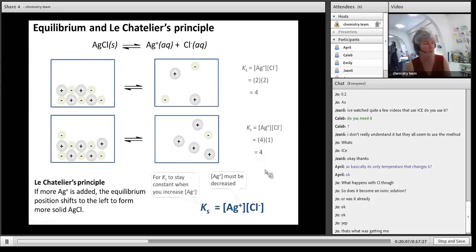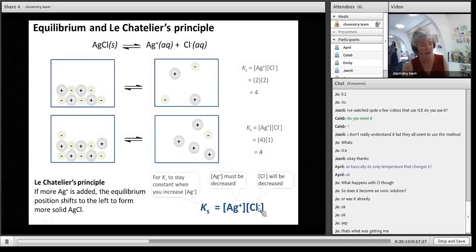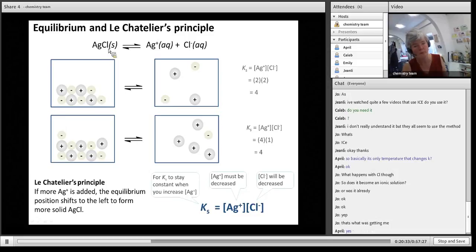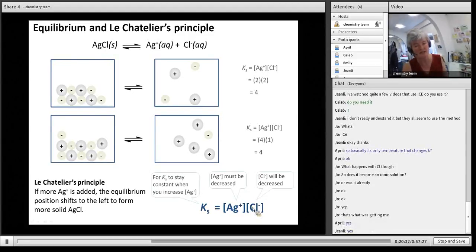Because it shifts over to the left, I'm not just going to get silver ions depositing and be left with all these negative chlorides, they've got to also go back. So the Ag must combine with the Cl on the solid. So can you see that both of these will decrease?